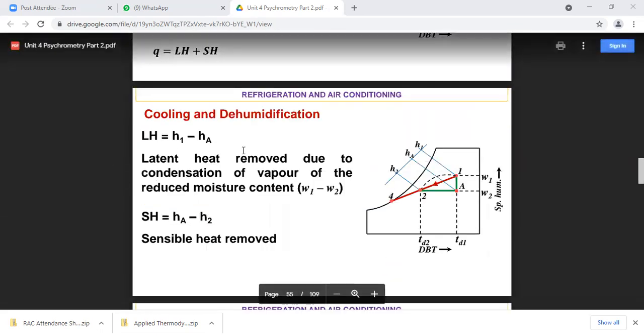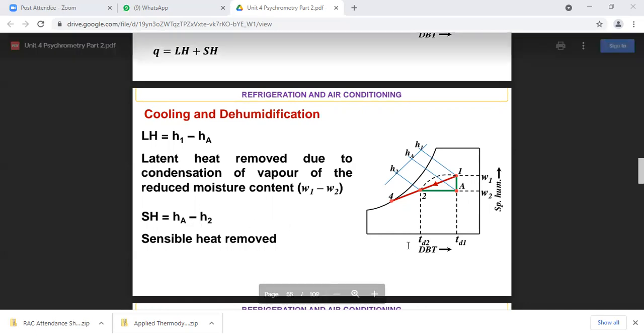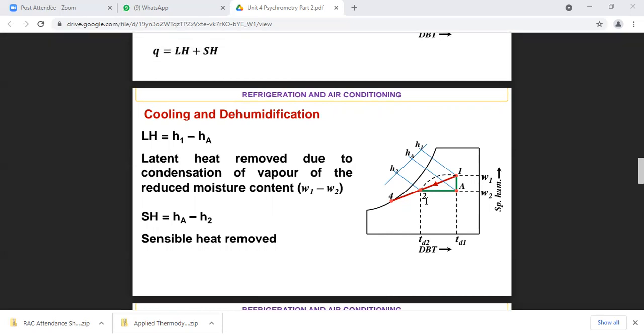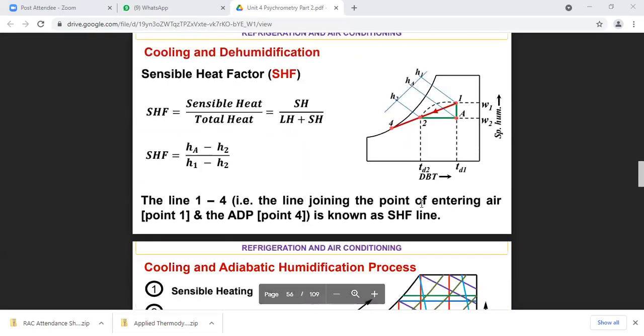Latent heat is H1 minus HA, the heat removed due to the condensation of vapor, with change in moisture content W1 minus W. Sensible heat is HA minus H2, the sensible heat removed. So the sensible heat factor is the sensible heat upon the total heat, and the total is the sensible heat plus latent heat.